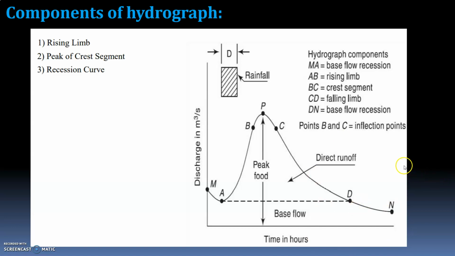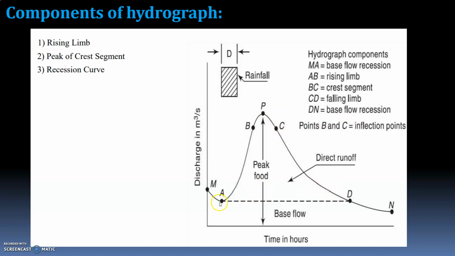There are three essential components of a single peaked hydrograph resulting from an isolated storm. The first one is the rising limb, that is the portion A to B, the second one is the peak or crest element, that is the portion BPC, and the recession limb, that is CD.